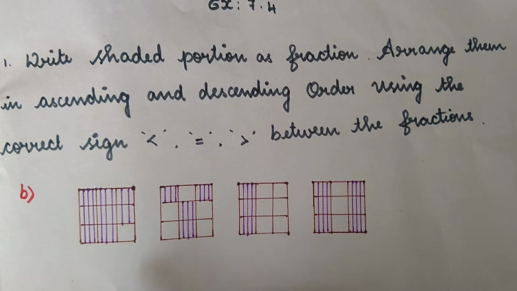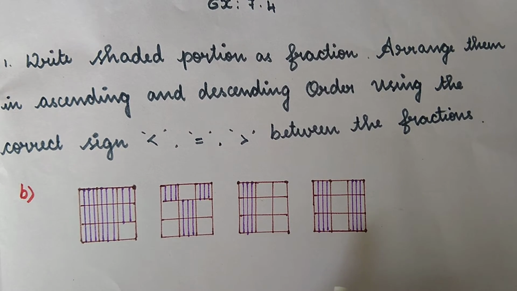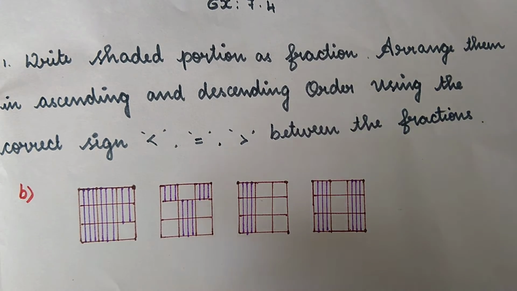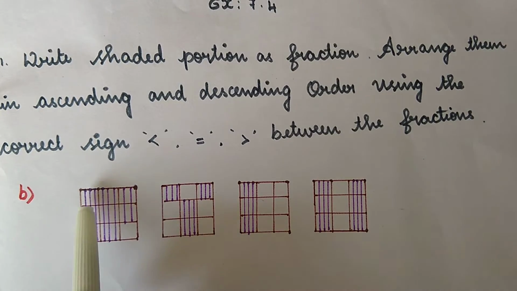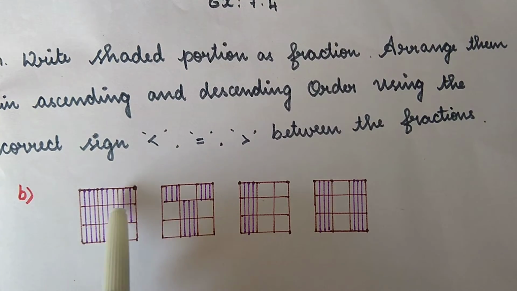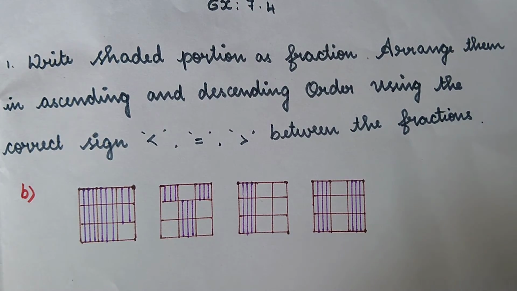In this B subdivision, it has 4 squares. How many small squares are in each square? 1, 2, 3, 4, 5, 6, 7, 8, 9. 9 squares.